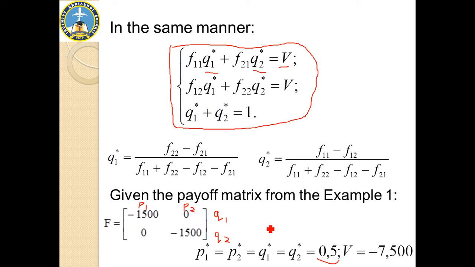It means that if this game is played more than once, and the businessman is randomizing his whereabouts with a probability of 0.5, and the creditor randomizes his strategies with probability of 0.5, so he can just flip a coin and assign heads or tails to place 1 and place 2 to pick a place to look for the businessman, then the price of the game reduces to $7,500 instead of $1,500.